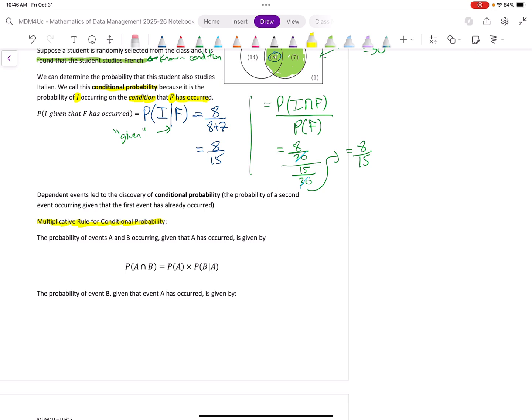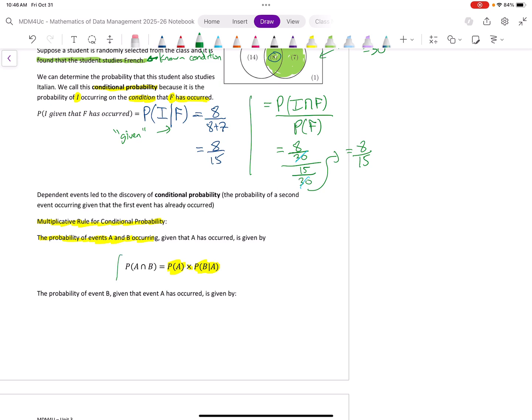If you know that there's one new condition that's known, the probability of events A and B occurring looks a little different than what we saw above when they were independent. It really just becomes the probability of A, right? But it's times the probability now of B given A. And so what that means is B has been impacted by the probability of A.